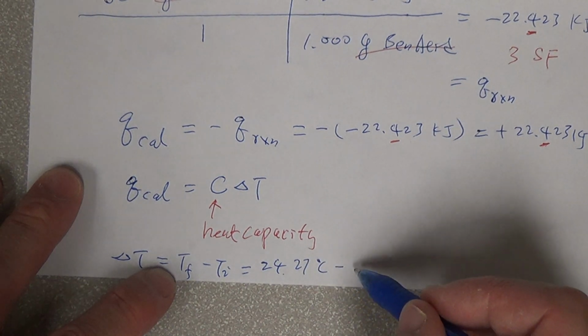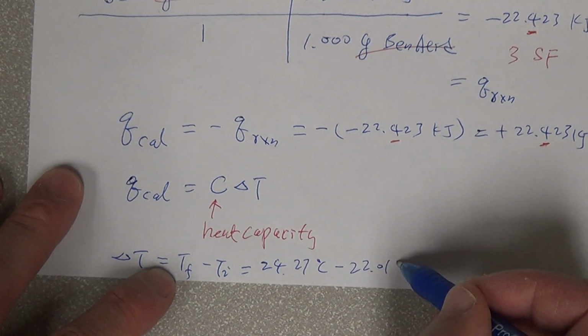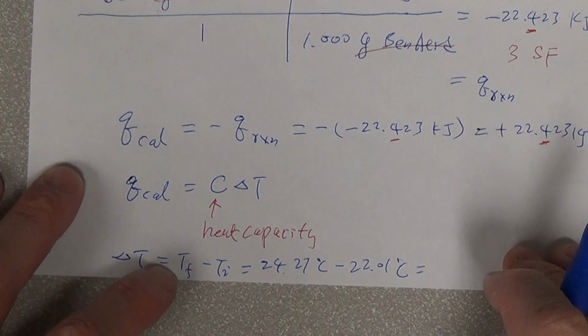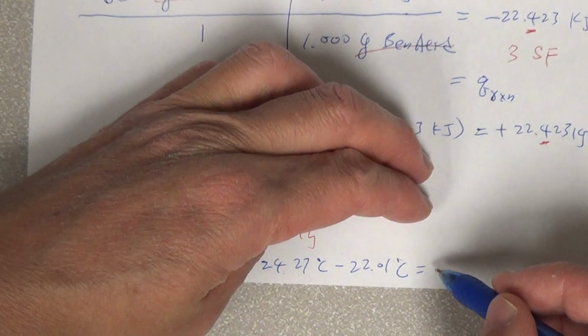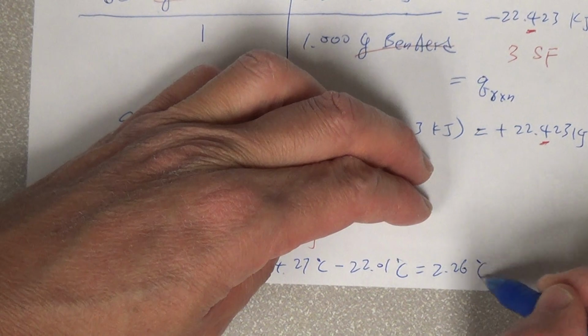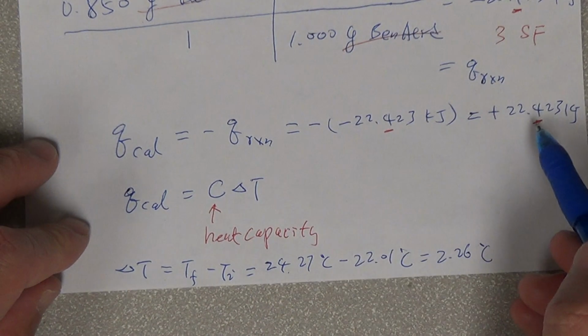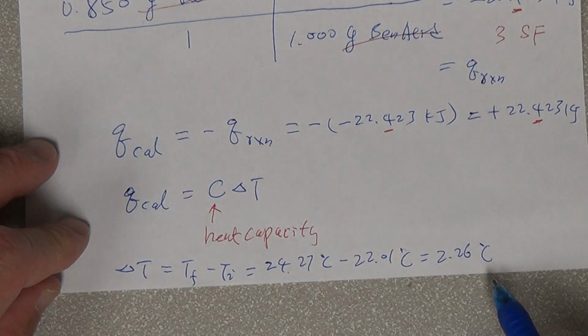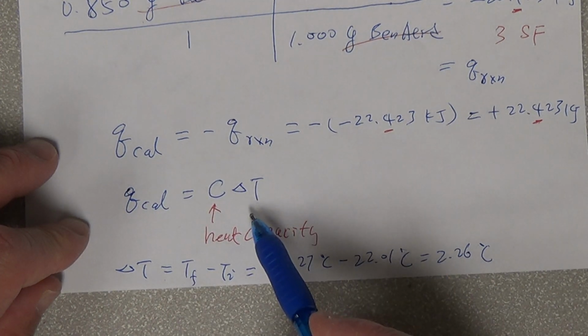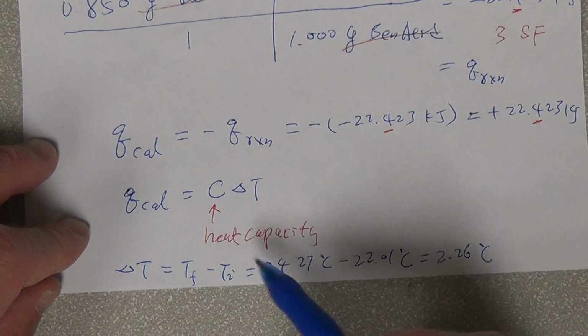The given Ti is 22.01 degrees Celsius. So we do a subtraction, and we get 2.26 degrees Celsius. Now we will plug this number in for Q and this number for delta T, and then we will find out C.